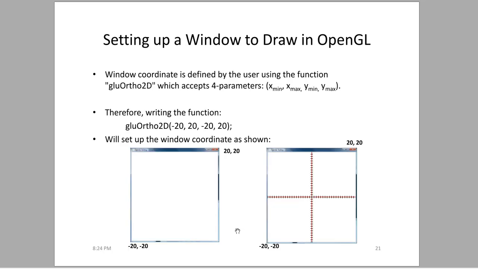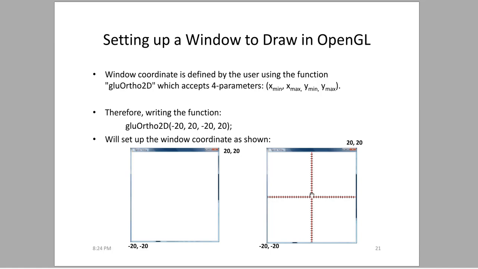So what happened when we set up a window? We see that here is ortho 2D, which has four parameters: x min, which is this side; x max, which is this side; y min, which is this side; and y max, which is this side. And we wrote it like this. Now this window is actually something like this.